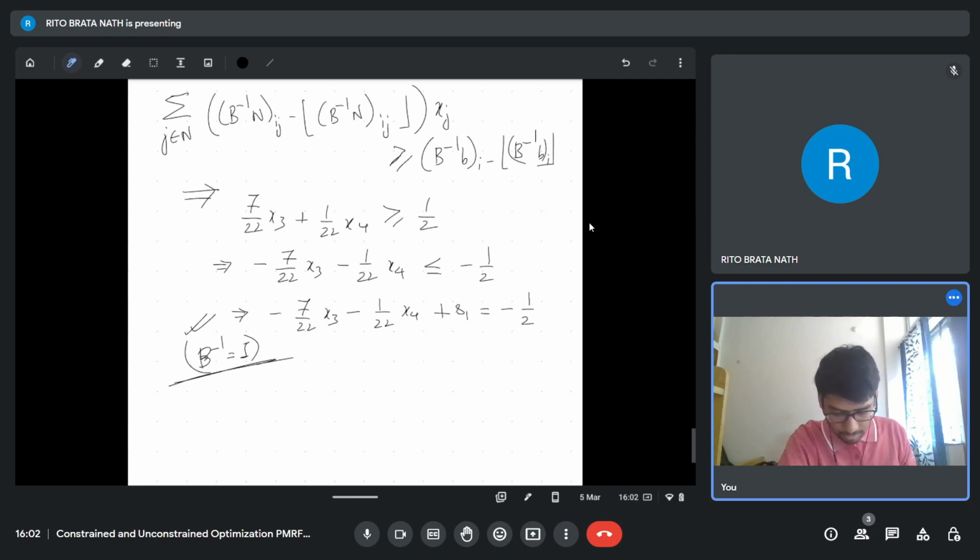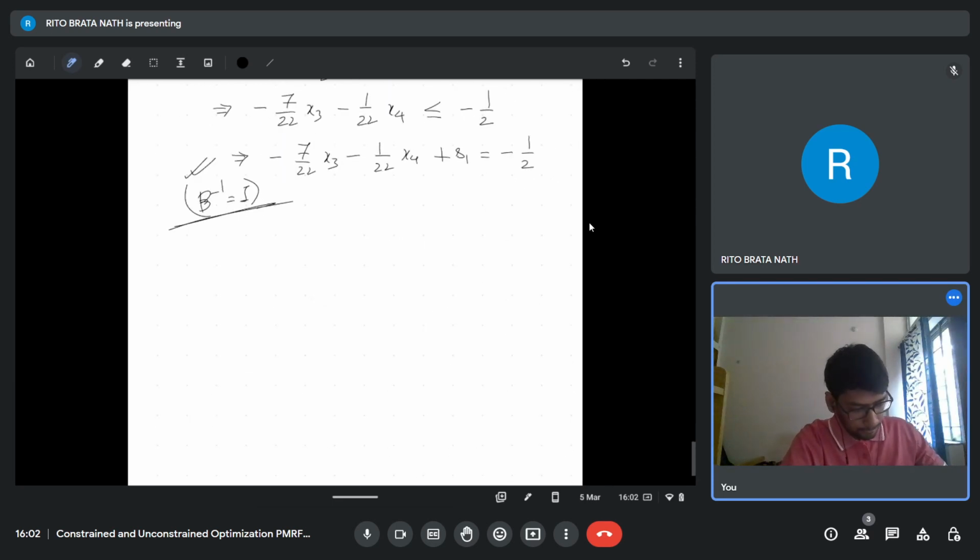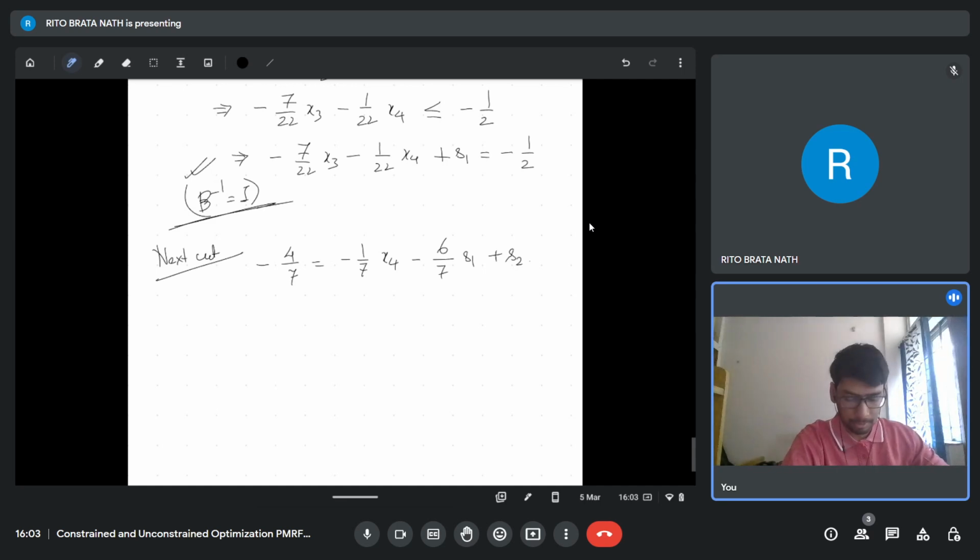The next cut that you will be adding will be, I think, minus 4 by 7 equals minus 1 by 7 x4 minus 6 by 7 s1, and because of that inequality sign, you have to introduce a slack. Again, solve the simplex method, keep on solving it.